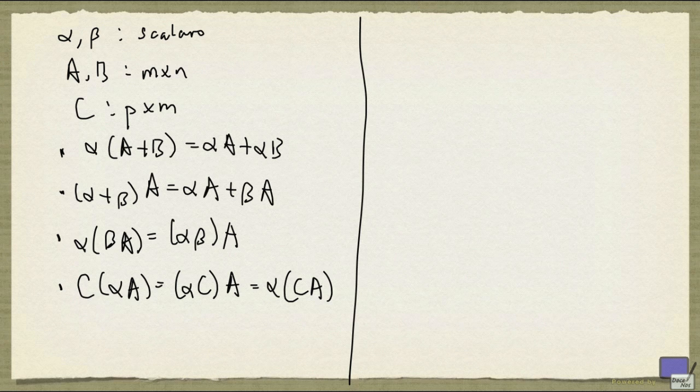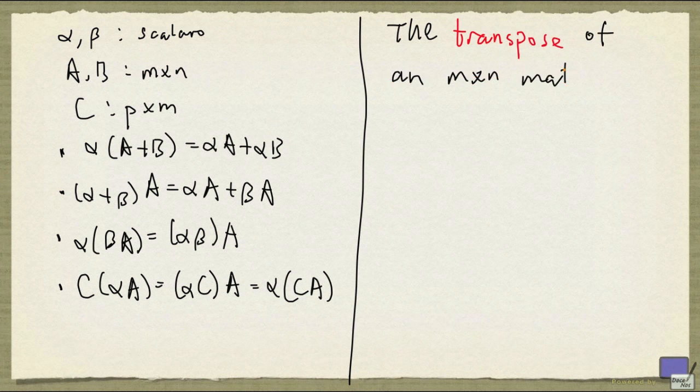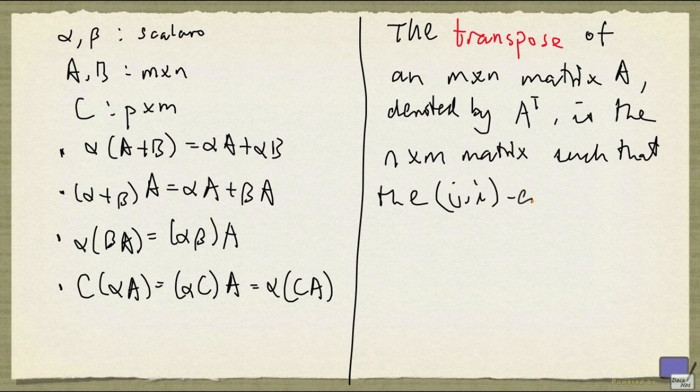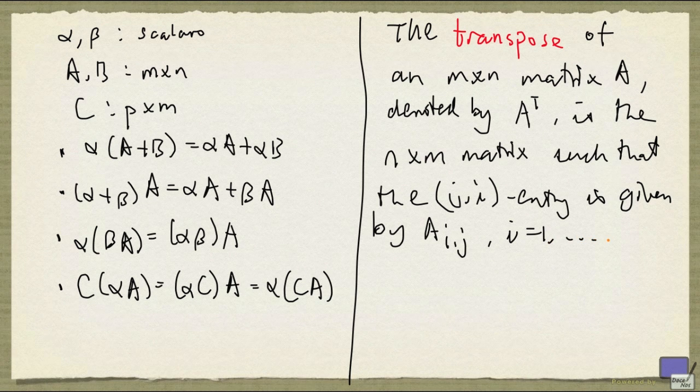And the next thing is the notion of a transpose of a matrix. The transpose of an m by n matrix A is denoted by A superscript T. Sometimes the lowercase t is used instead of the uppercase T. And that is the n by m matrix such that the ji entry is given by a_ij, where i is from 1 up to m and j is from 1 up to n.